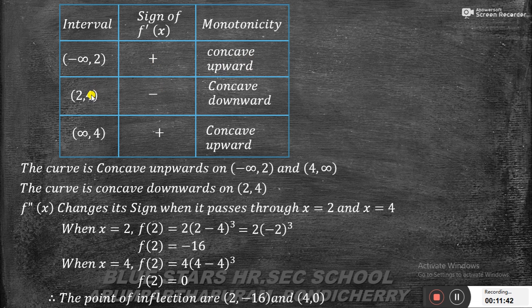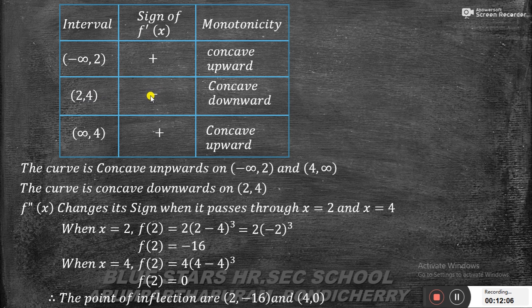Next, in the second interval, 2 to 4, I can take any numbers between 2 and 4. I take one number, x equal to 3, and substitute in f double dash of x. I got the negative sign, a minus sign, in the answer.